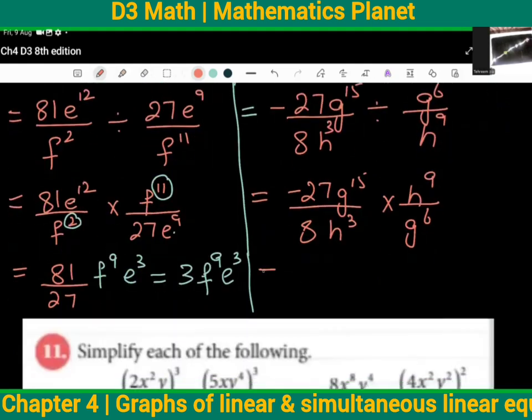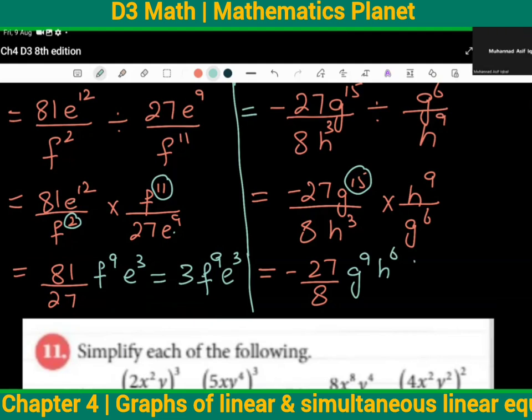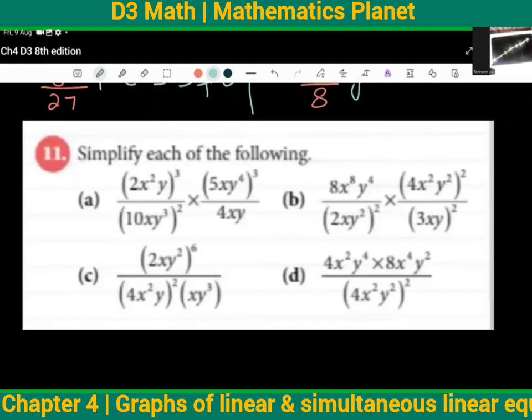Okay. So now minus 27 by 8. g¹⁵ and g⁶ are dividing, so it would be 15 minus 6, 9. And 8, 9 minus 3, 6. Yes, is it clear to everyone? Yes. Alhamdulillah. Okay. Coming to question number 11.